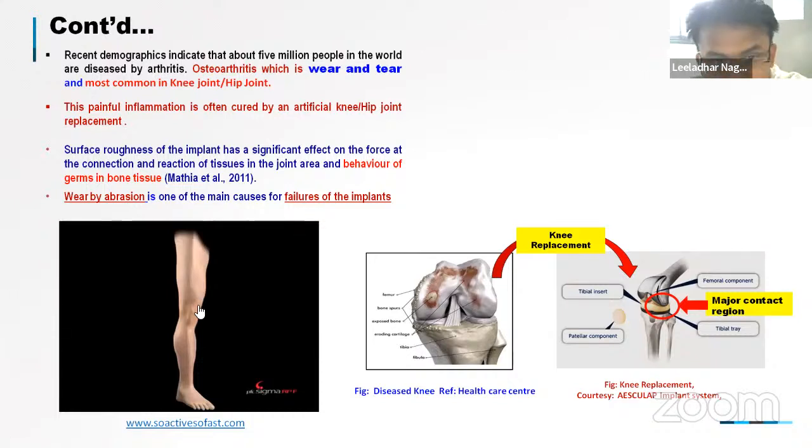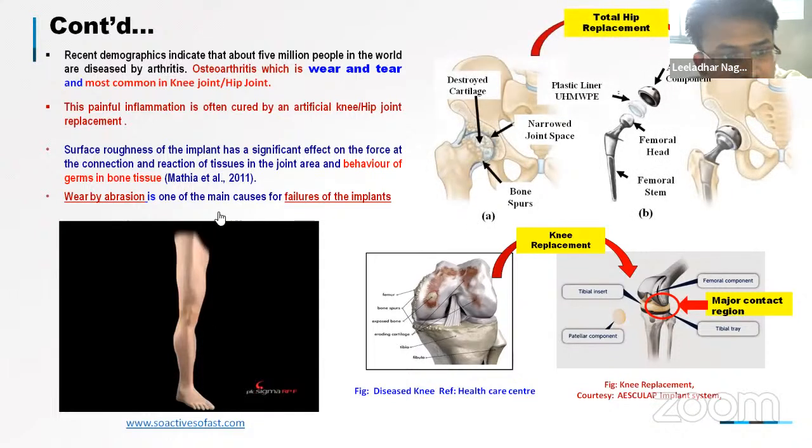No problem. In the video, you can see how this implant is implanted in the human body, in this leg. Because the video is not working, sorry, but please try to understand and concentrate on this figure.